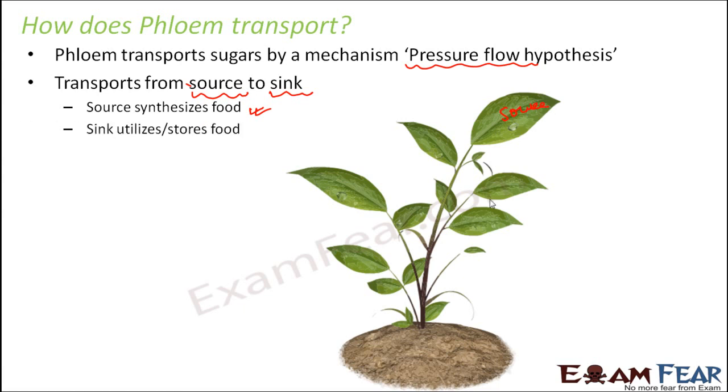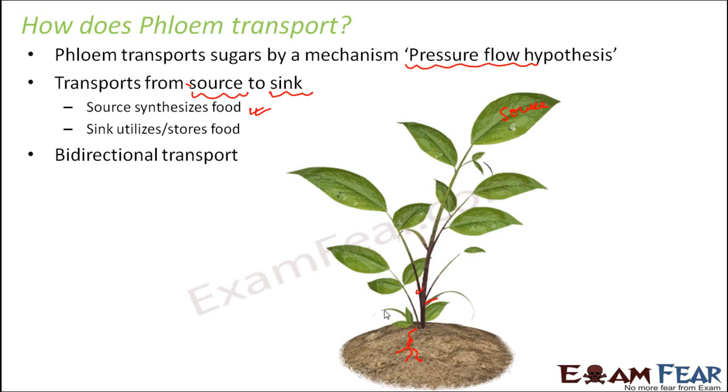Sinks are all those regions which utilize the food or which store the food, which need that food for their own survival. So roots are the sink, the branches are sink, stems are sink, the flowers, fruits, they are all sink. So here the food needs to be transported from source to the sink.